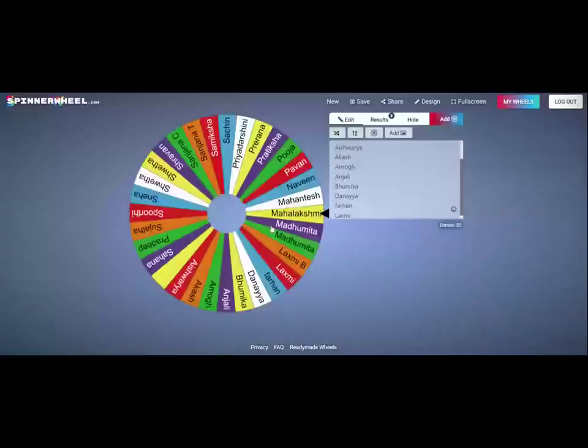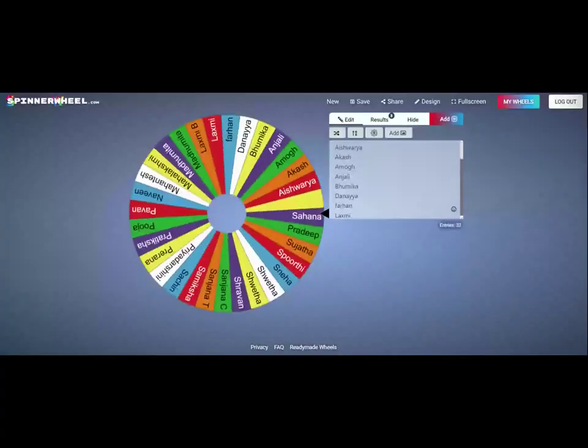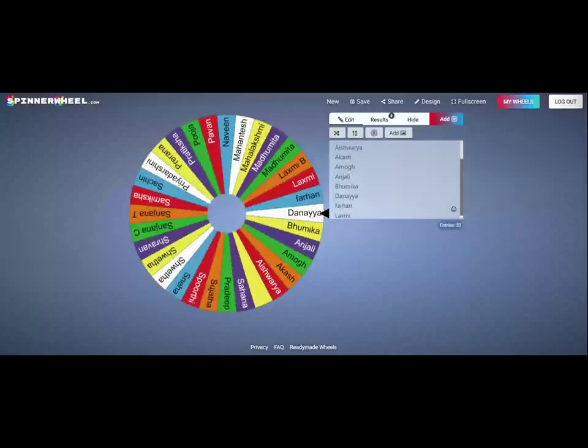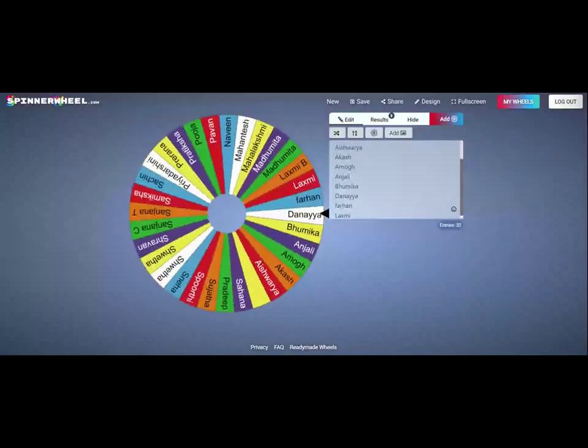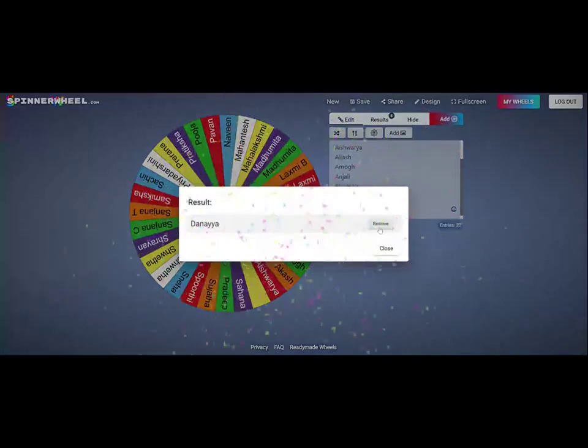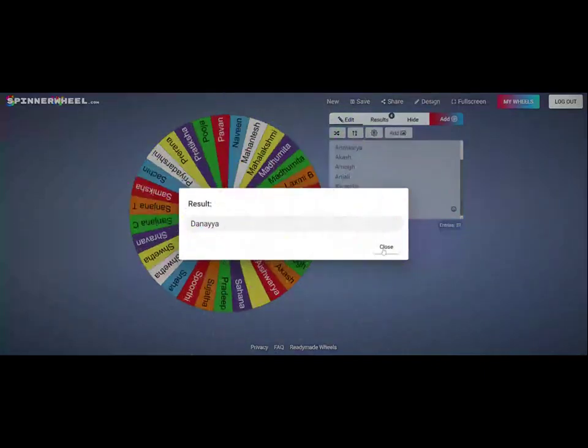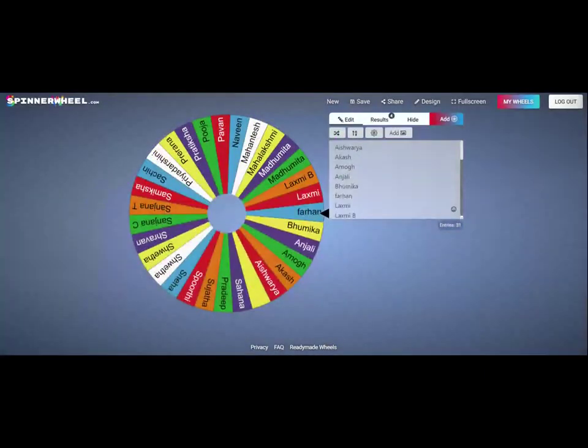Now can you see my spinner wheel? No, ma'am. Okay, 1 minute. I have to share. Let's see who will get the question. Danaya. Danaya is there? Yes, sir.